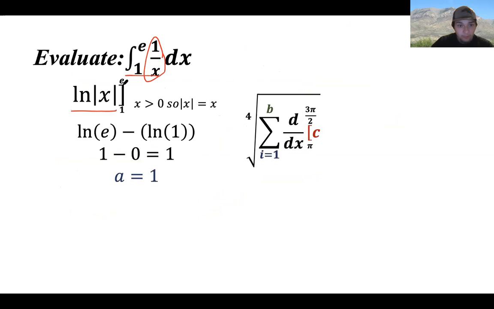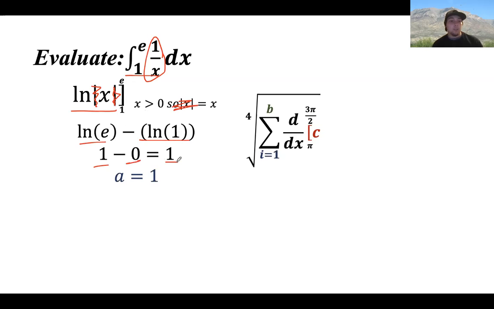We have our boundaries. e and 1 are both greater than 0. Since they're greater than 0, we don't need the absolute value. We can just say this is ln x now. So now we can plug in our boundaries. ln of e minus ln of 1. ln of e is going to equal 1, and ln of 1 is 0. 1 minus 0 is 1.